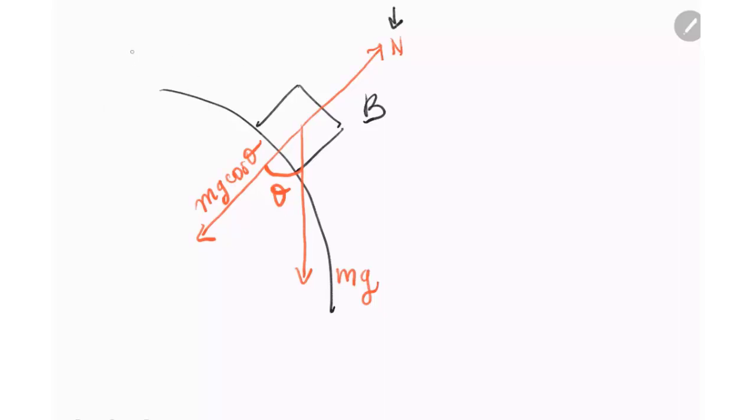Remember that it started moving from the rest, v equals 0, and it started moving in this direction. So that normal force gets smaller and smaller as the particle speeds up, and at the point where the particle leaves the sphere, the normal force is 0.